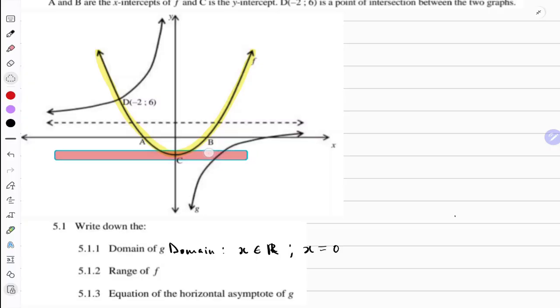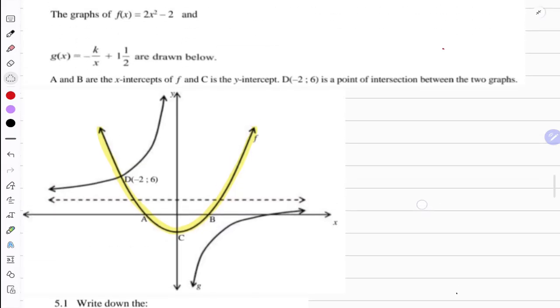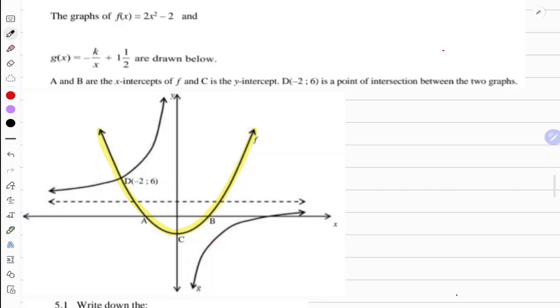So let's quickly determine what the y-intercept is. If you look at our equation for f of x, we see that f of x is equal to 2x squared minus 2. So this here is your y-intercept, because it takes the form f of x is equal to ax squared plus bx plus c.